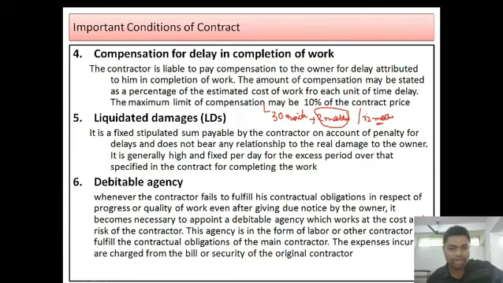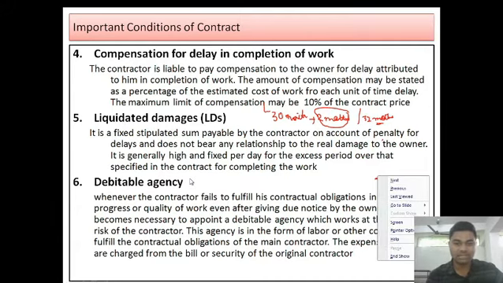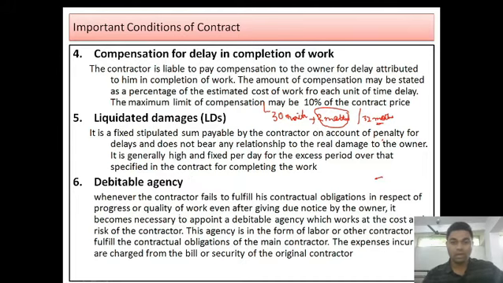When we talk about the debitable agency, whenever the contractor fails to fulfill his contractual obligations in respect of progress or quality of the work, even after due notice by the owner, it becomes necessary to appoint a debitable agency. What does this agency do?